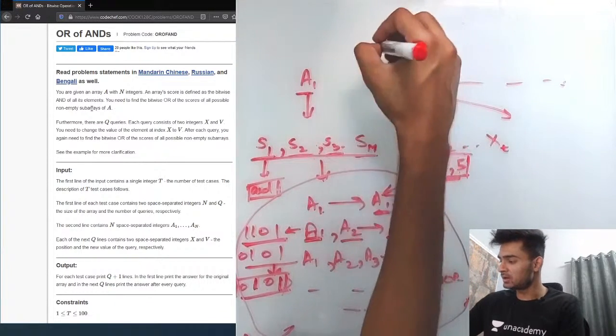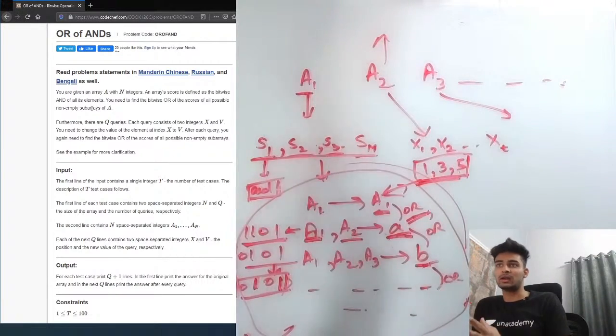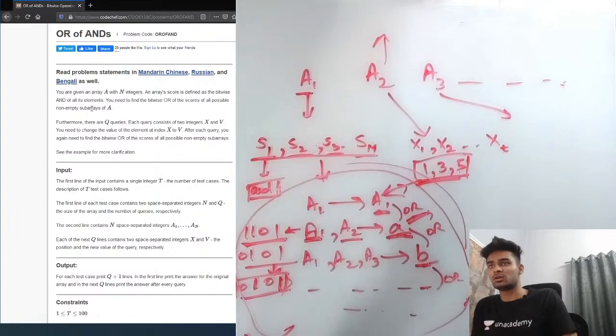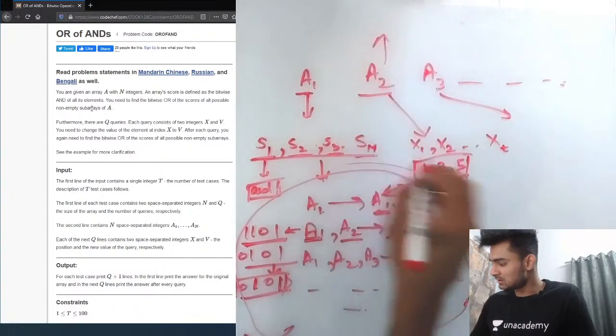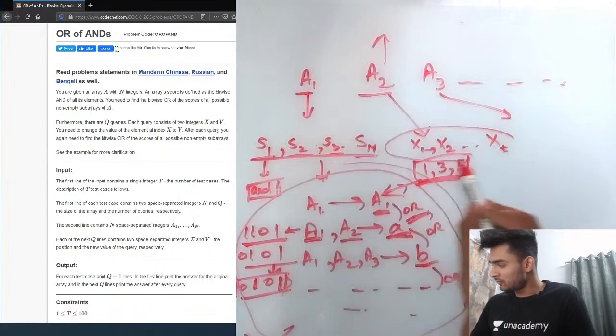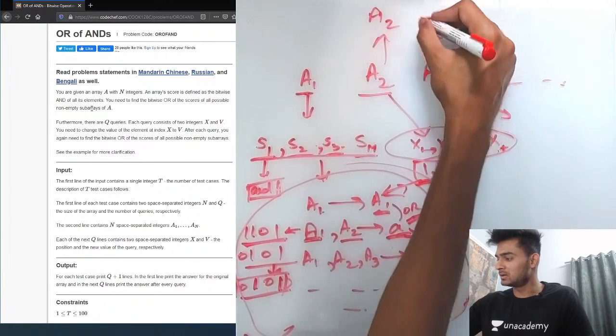Then similarly for A2 also, when we find all the subarrays, find the AND of every subarray, and then take the OR of every subarray, the OR of all these subarrays is going to become A2, and the same for A3 as well.